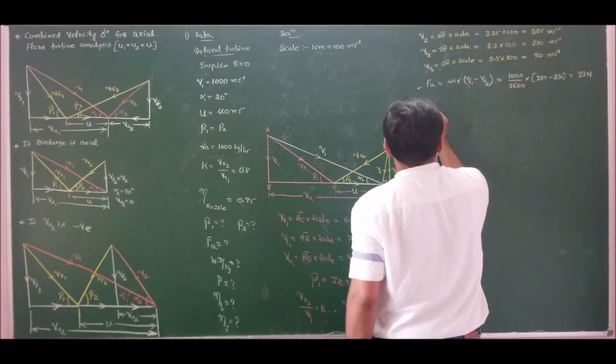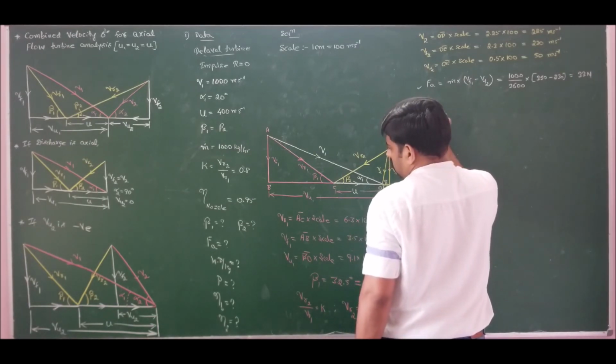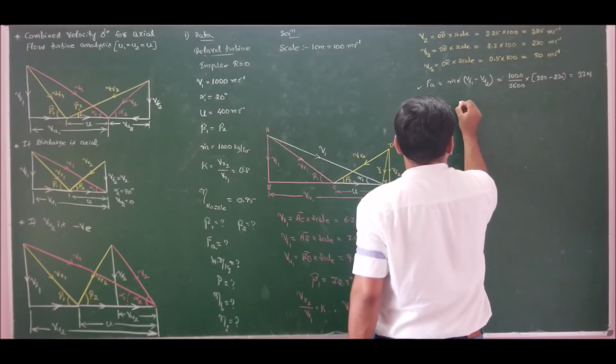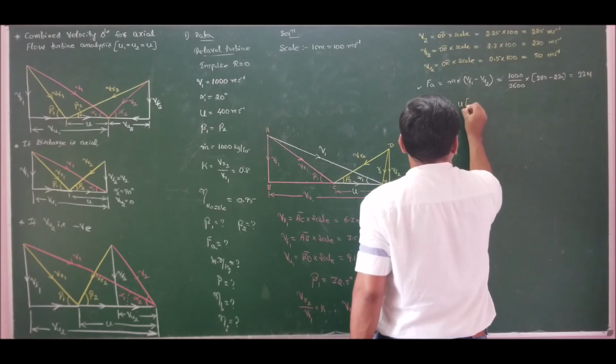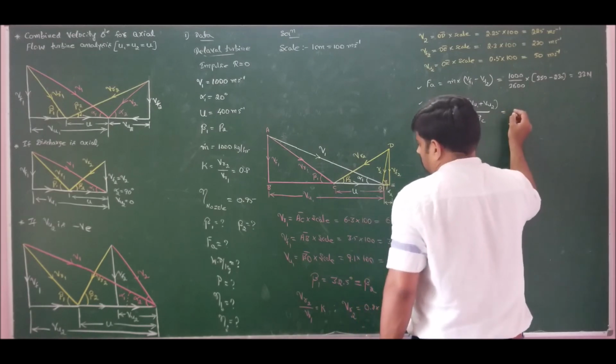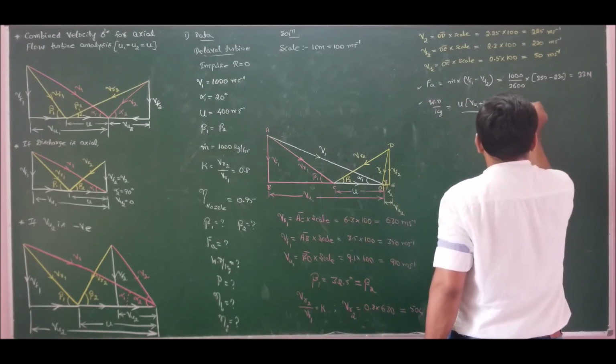And next he has asked work done per kg. Work done per kg is equal to U of Vu1 plus Vu2 by Gc. U is given 400.